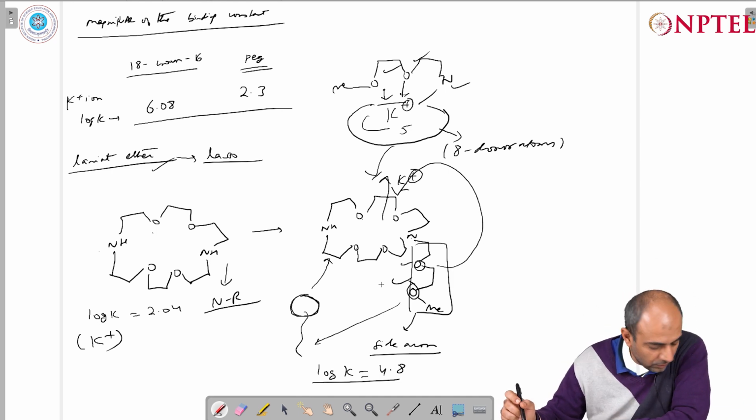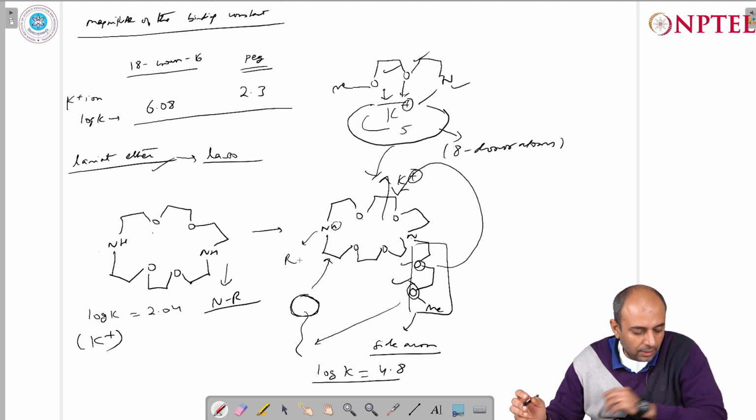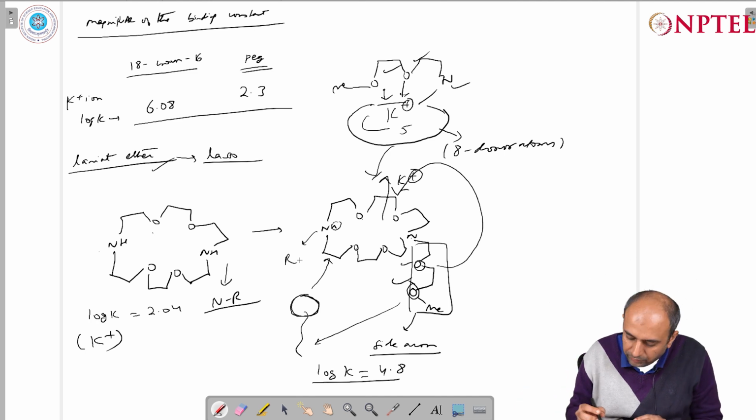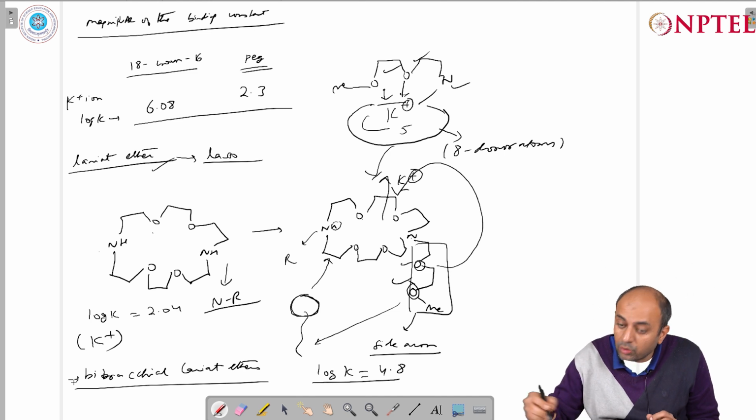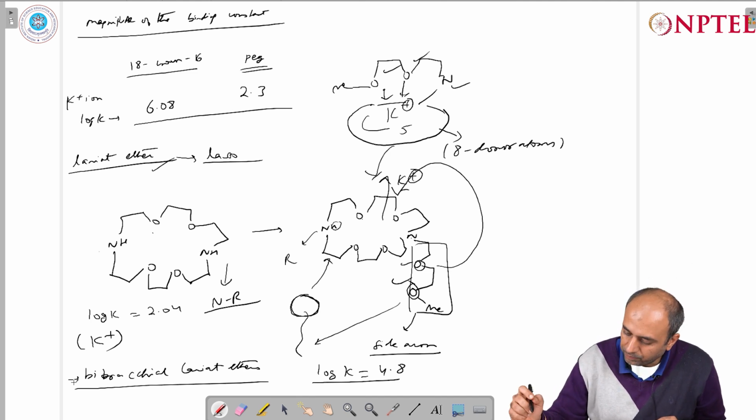We can also further modify the side chain by replacing the other hydrogen by an R group as well, and those are referred to as bibrachial lariat ethers. The bibrachial lariat ethers have both the NH groups replaced by the R group.